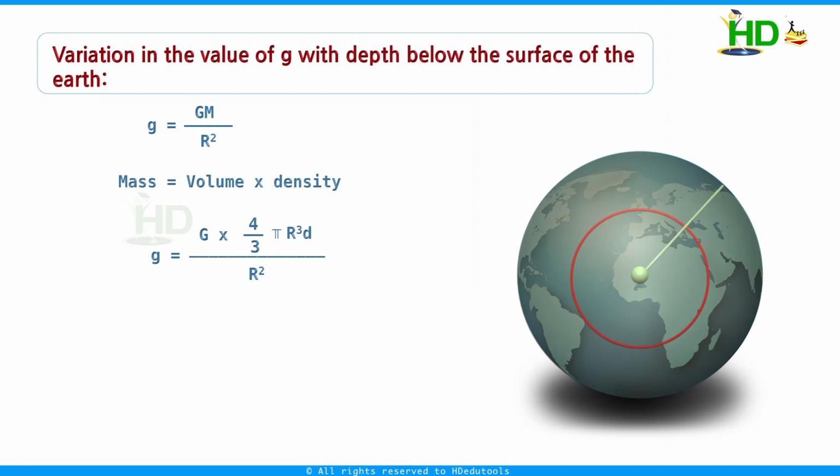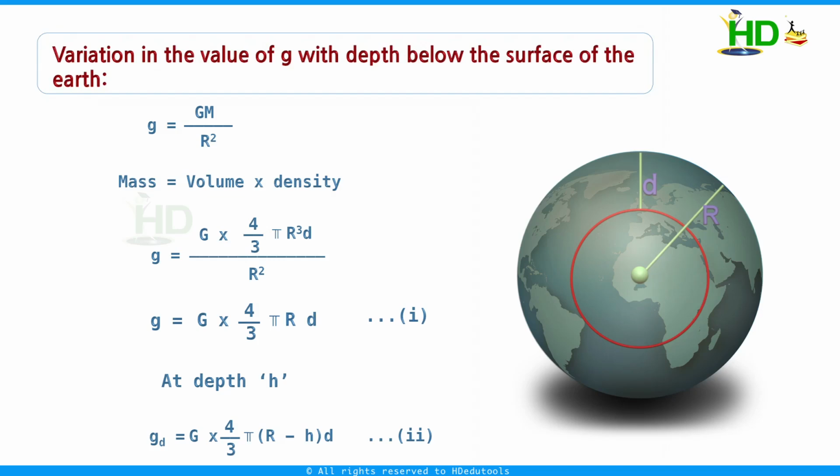Here R is the radius of the Earth, d is the density of the Earth. Now this is equal to G × (4/3)πRd. Now the acceleration due to gravity at some depth h is given by G × (4/3)π(R−h)d.